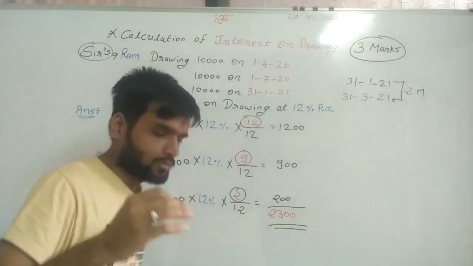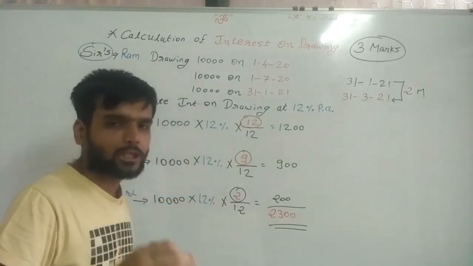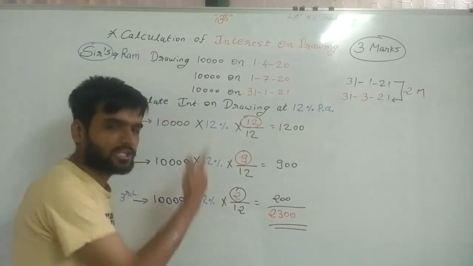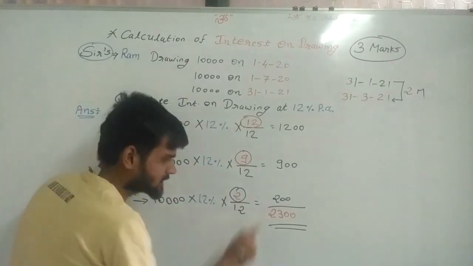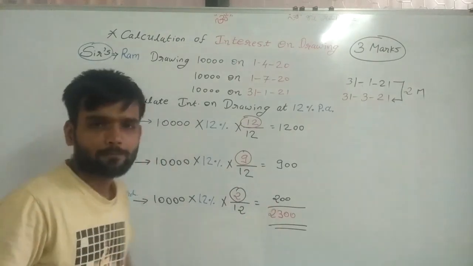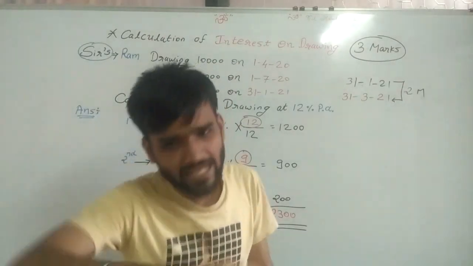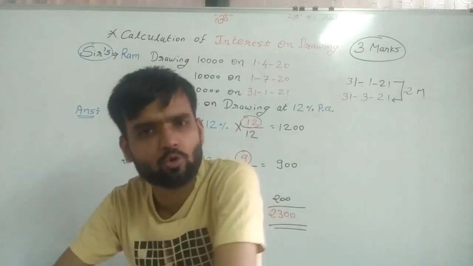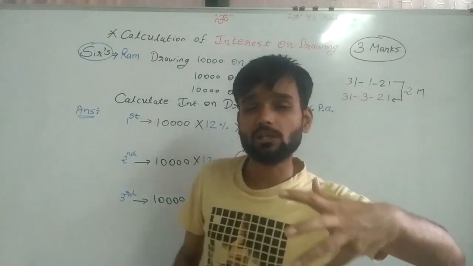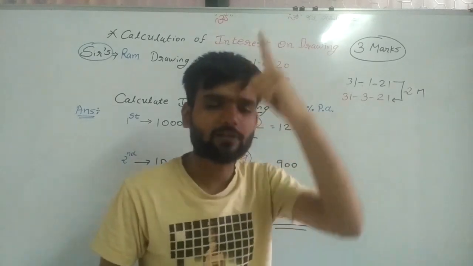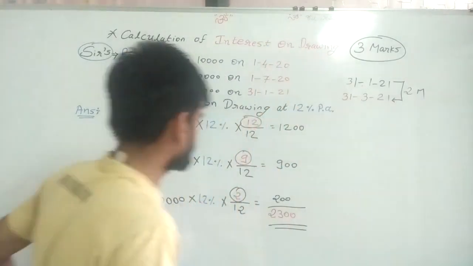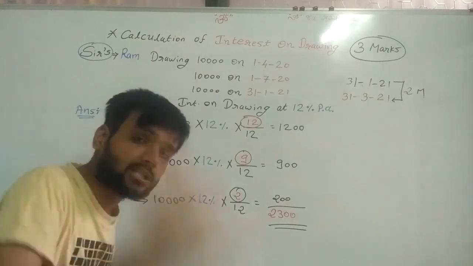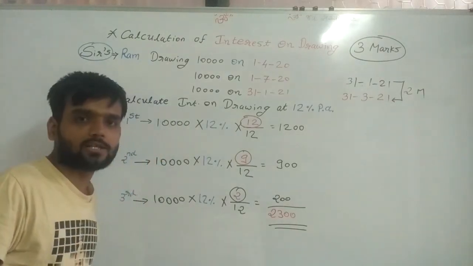Now the calculation twist starts from this point. This 2300 rupees I can calculate by another method also. Now which is the other method, and when we can use that method, we need to understand.